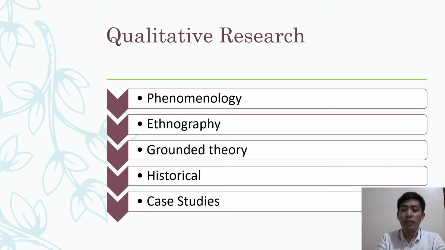In my example, lived experiences of cancer patients, we are dealing with the experiences of a pediatric patient, what his or her perception is towards the disease, how he or she copes, and how he or she continues to fight this disease. So that's the phenomenon. It's the holistic approach to a situation.